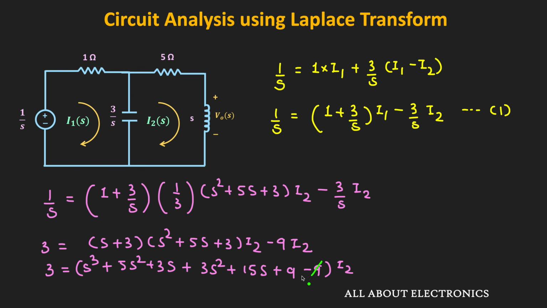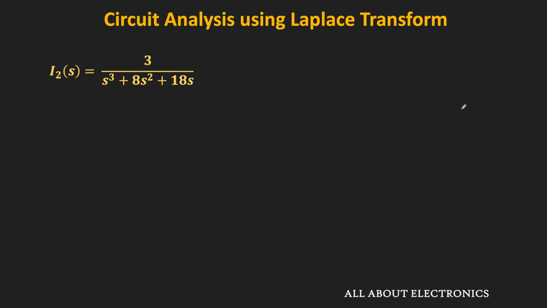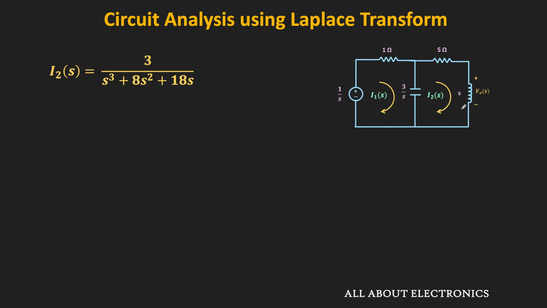So here this 9 will get cancelled out, and if we further simplify it, then we can say that this current I2 is equal to 3 divided by S cube plus 8S square plus 18S. So in this way we found the expression of this current I2, and we know that this output voltage V out is equal to S times I2. That means this V out is equal to S times I2, and that is equal to 3 divided by S square plus 8S plus 18.